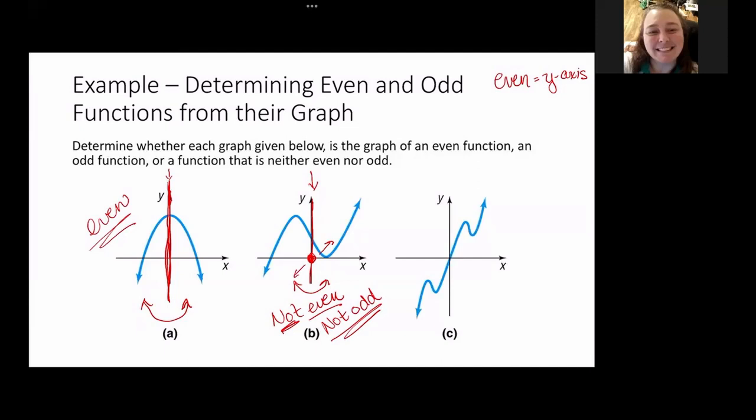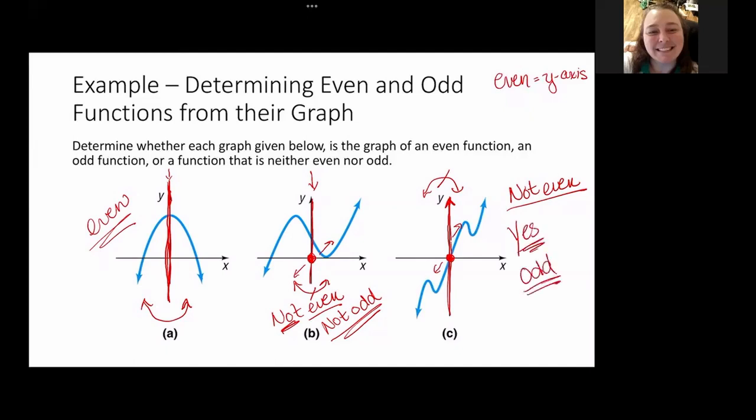Now, if I were to look at this last one, let's look at the y-axis first. If I fold here, it's not even. Okay, so if I fold here, this side is not equal to that side. Let's do it like that. Okay, not equal. So it's not even. But now if I were to take this point here at the origin, and I were to look this way and this way, it's odd.